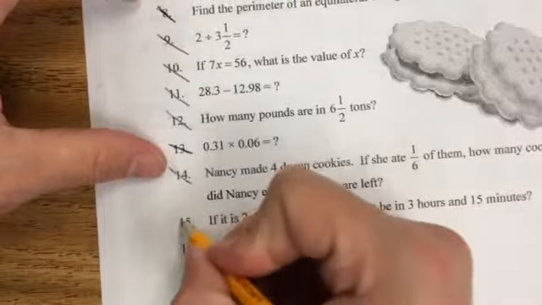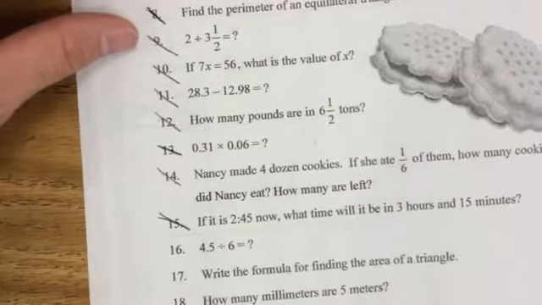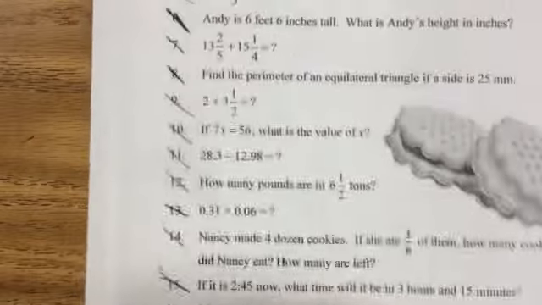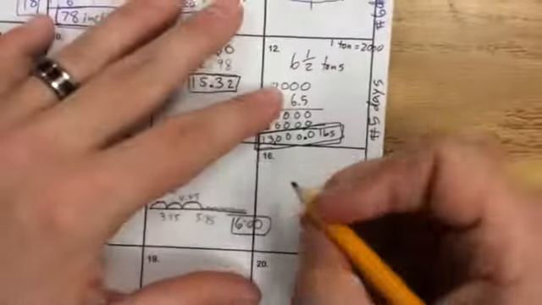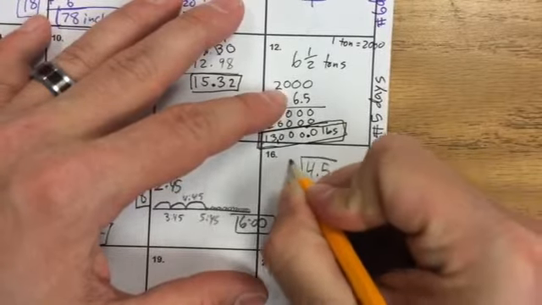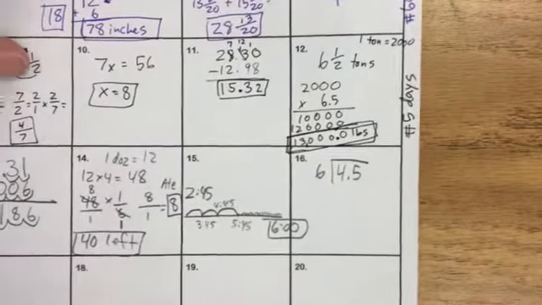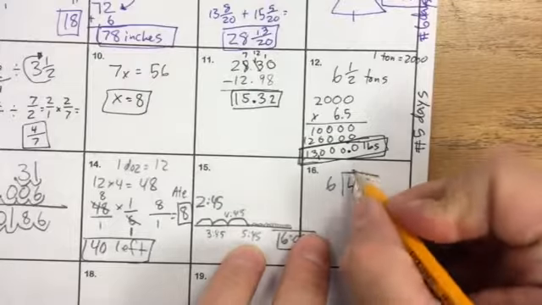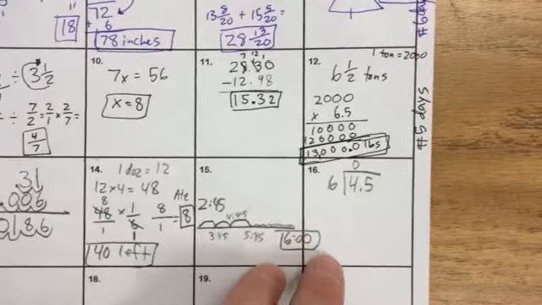Okay. And then let's take a look at number 16 here. I have 4 and 5/10 divided by 6. In this problem, you do not need to do anything with your decimal because it's on the inside of the box, so we just leave it as is. 4 cannot go into 6, so I'm going to go ahead and put a 0 up there.